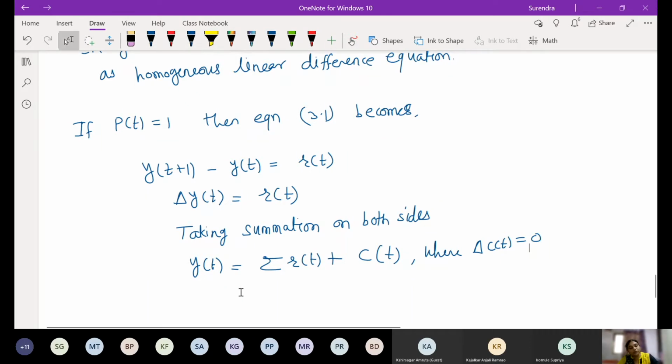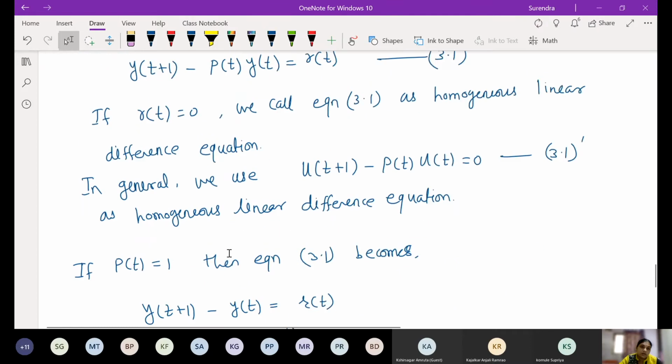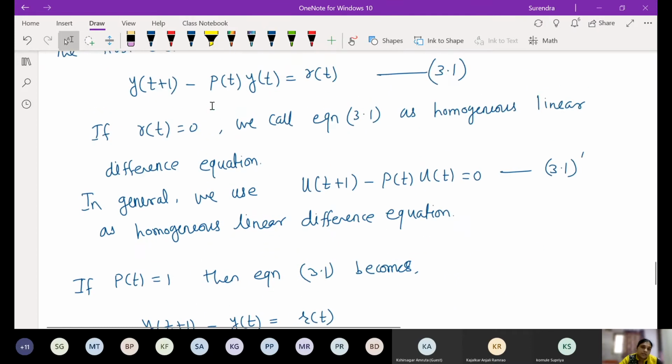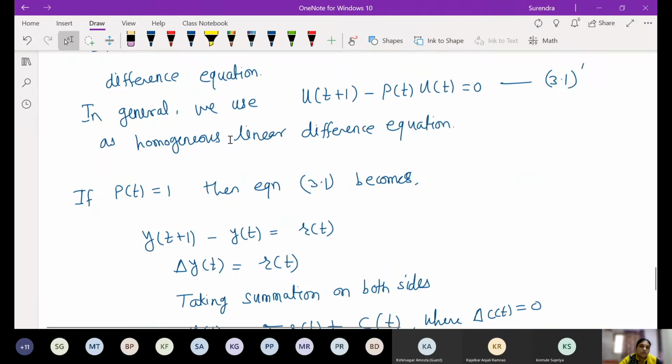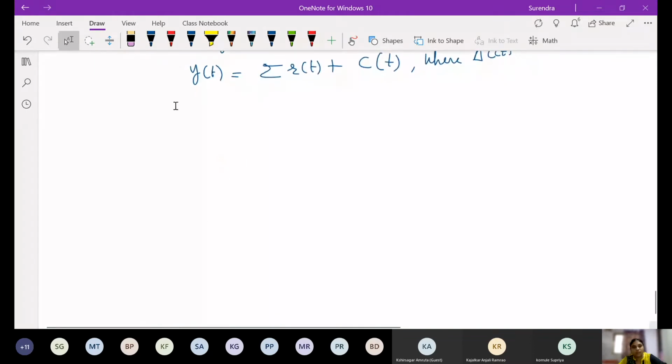Now we want to see the theorem to solve any first order linear equation, where p of t is any function of t. In theorem form, first we will write it.